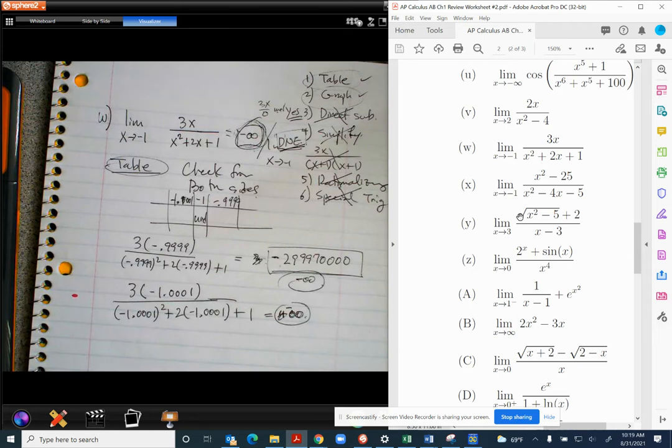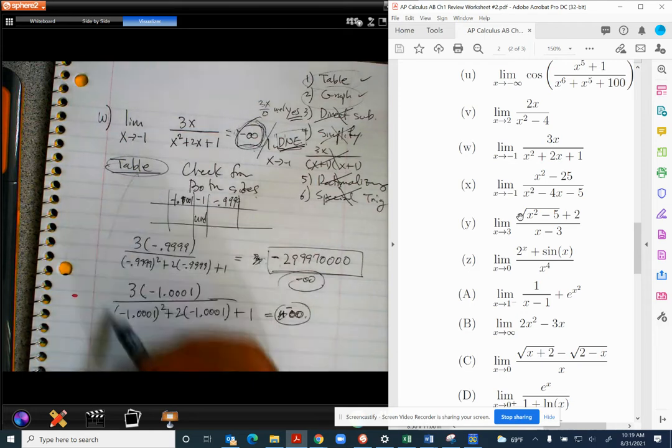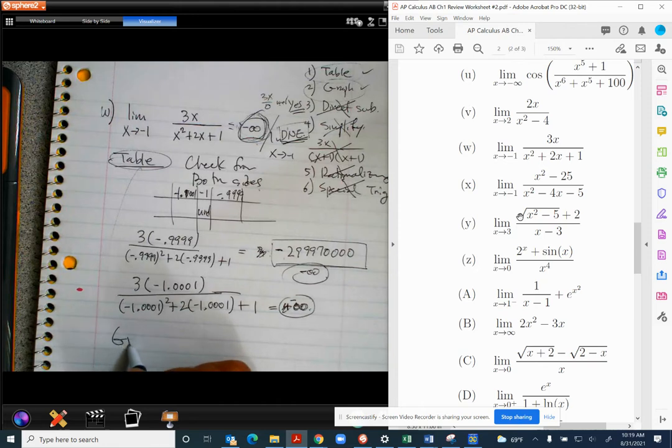All right. Okay, this is using a table. What if I want to use a graph? All right, let's go ahead and take your graphing calculator.